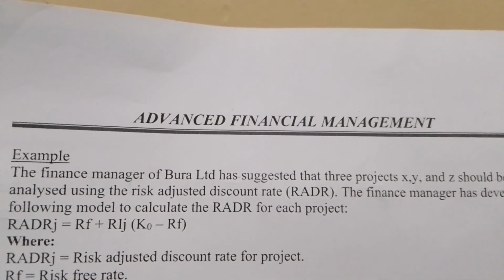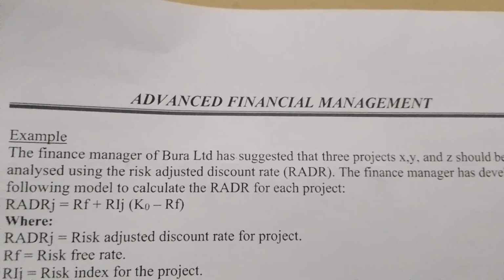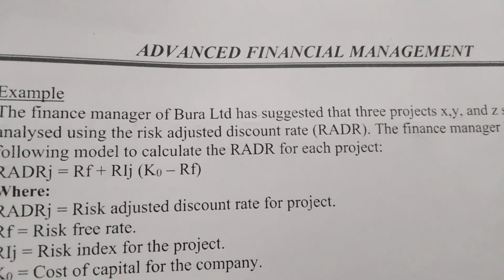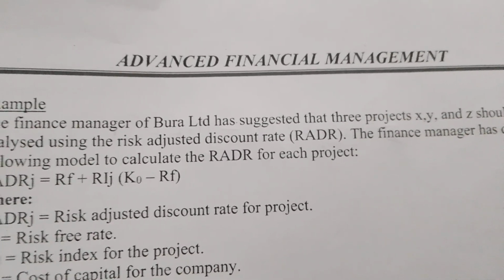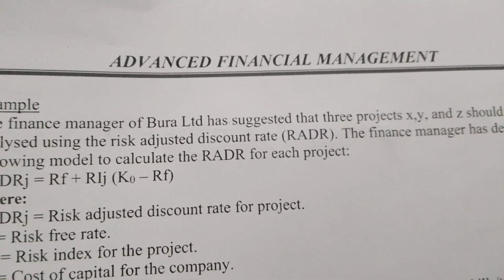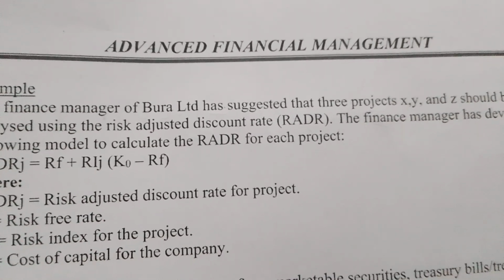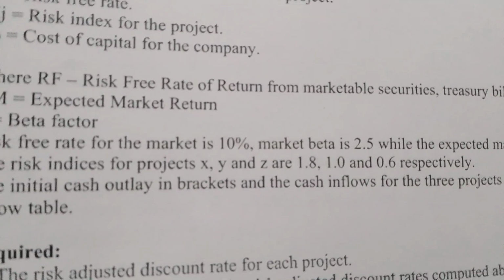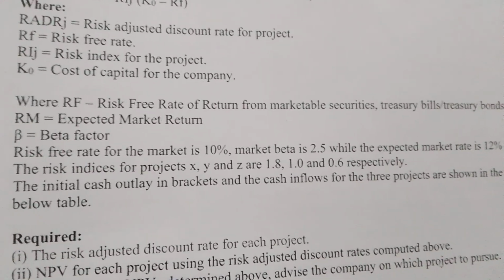Using CAPM, the risk adjusted discount rate will be given by RF, that is the risk-free rate, plus beta factor, then into brackets, expected market rate minus risk-free rate.